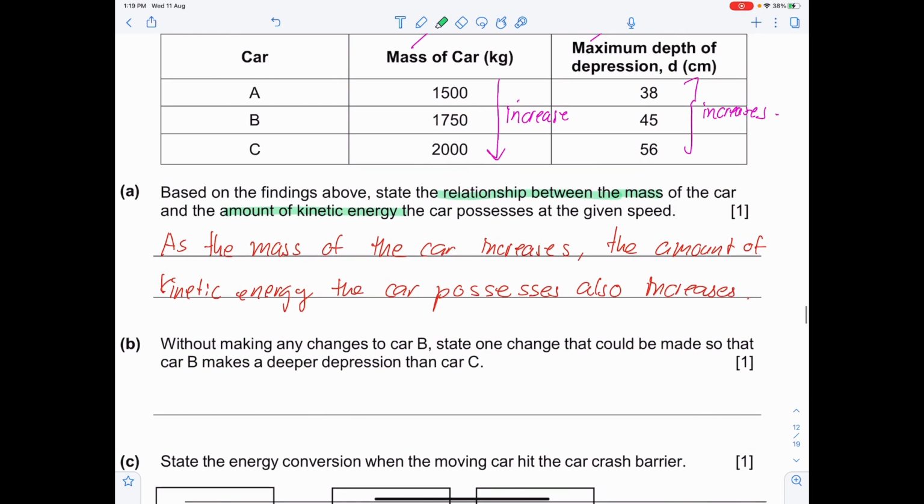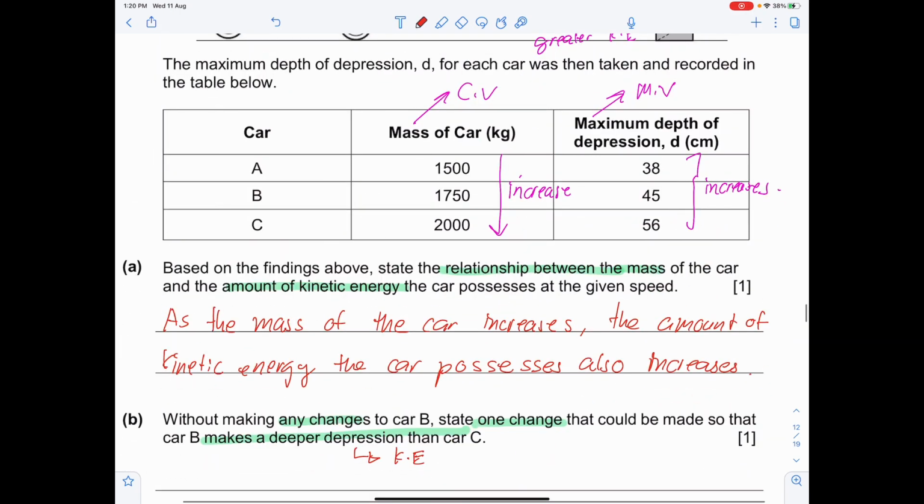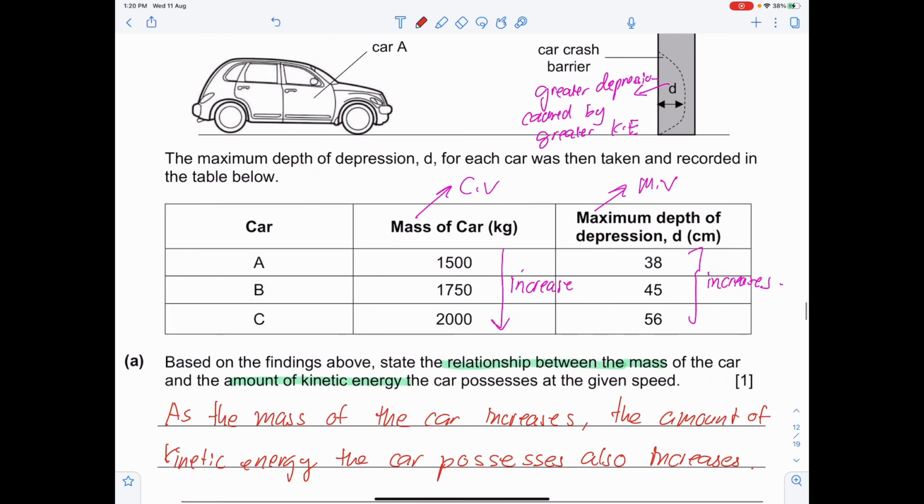Now, without making any changes to car B, state one change. Okay, no changes. State one change that could be made so that B makes a deeper depression. So remember this, in order for it to make a deeper depression, you would actually need to have more KE. So ask yourself, in this case, how can you get more KE?